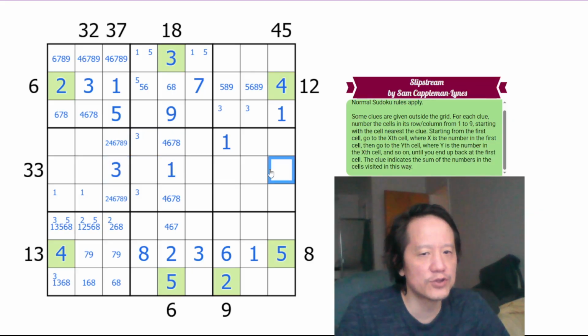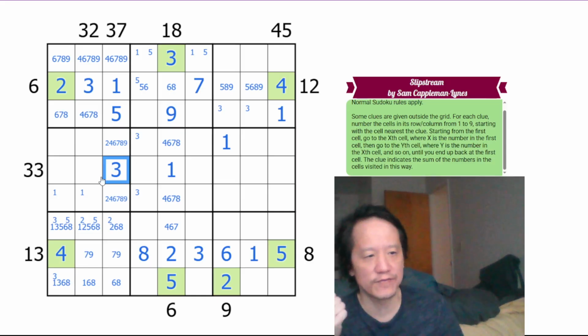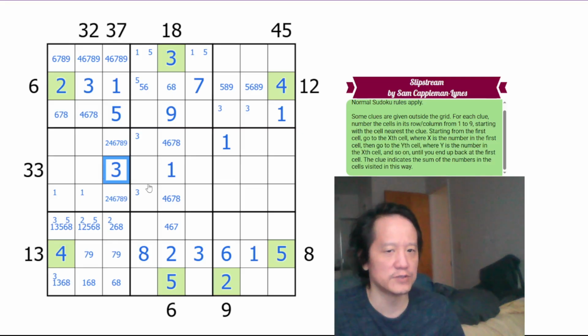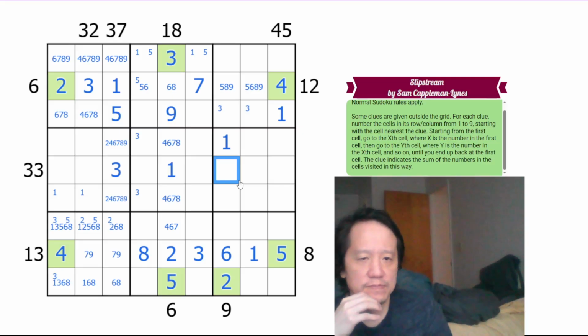So either 3 in row 5, either 3 and 9 are not part of the sum, or it's 3, 2, and 7. You can't have 3, 1, and 8, obviously, because the 1 has to always come back to here. And it can't be 3, 3, 6, because obviously there would be multiple 3s in that row.